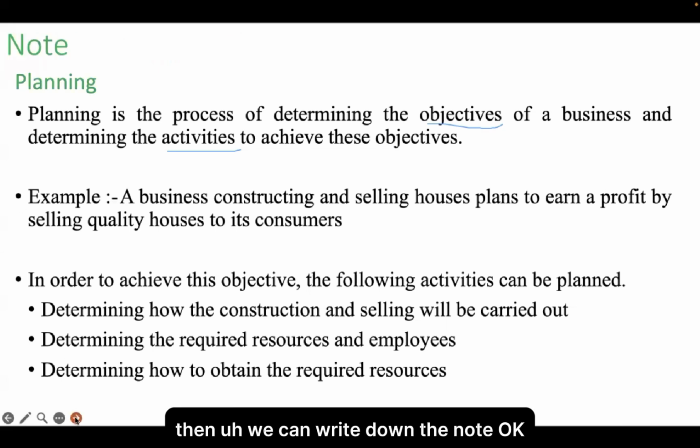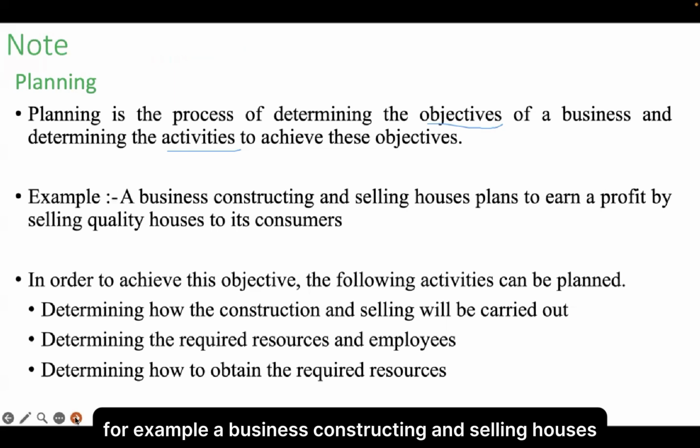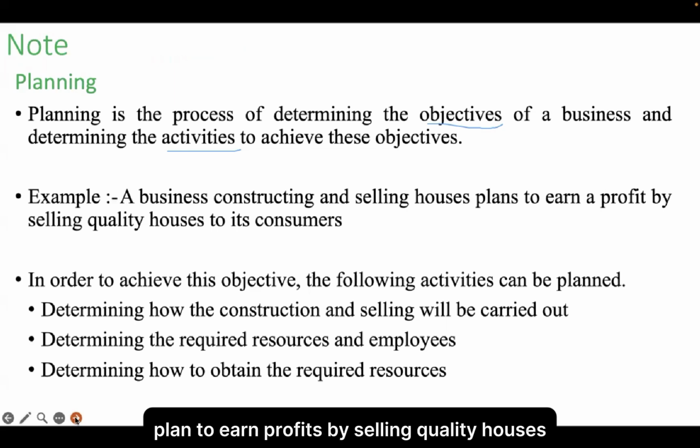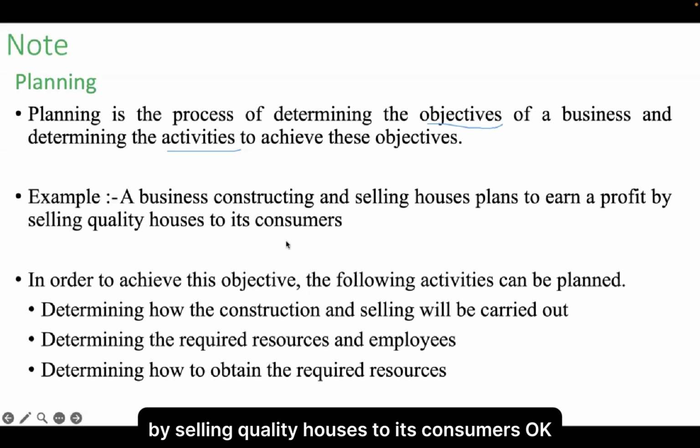Then we can write down the note. Planning is the process of determining the objectives of a business and determining the activities to achieve these objectives. For example, a business constructing and selling houses plans to earn profits by selling quality houses to its consumers. You can underline plan to earn profit by selling quality houses to its consumers.